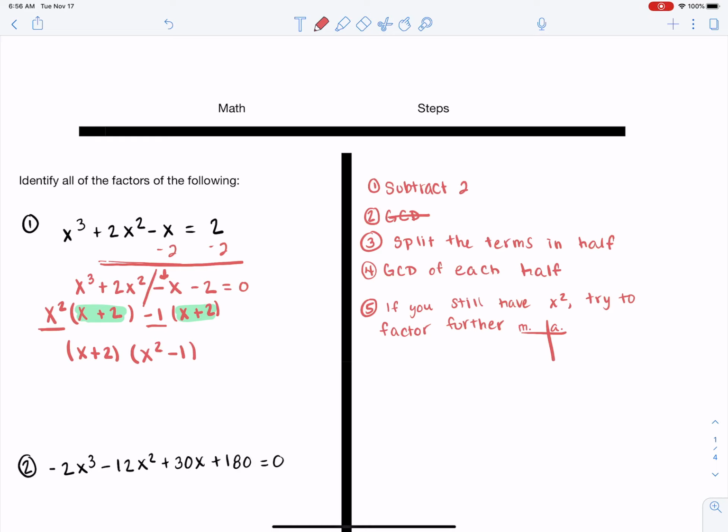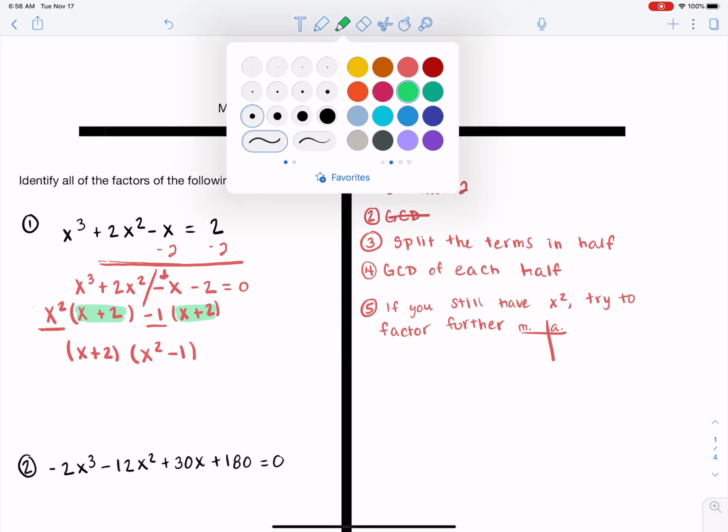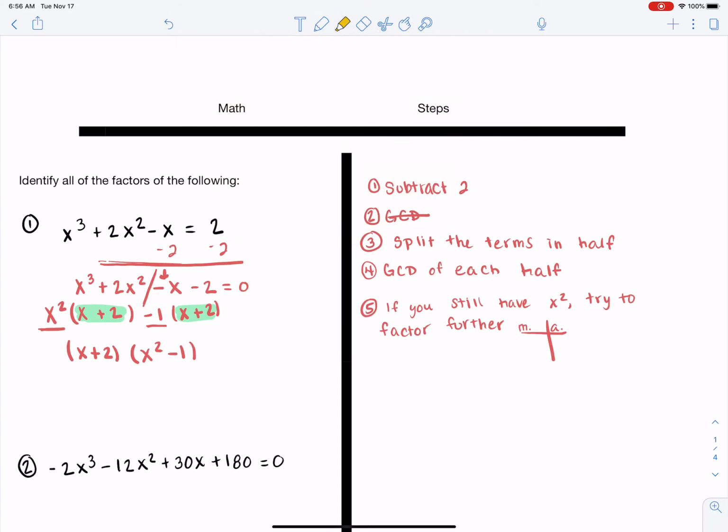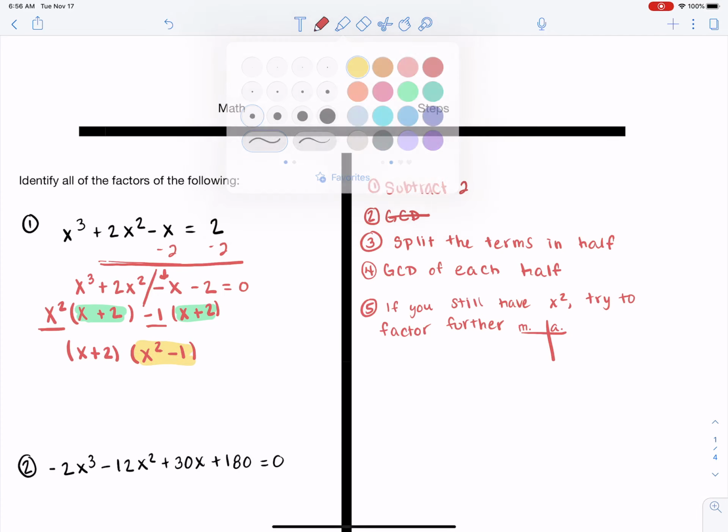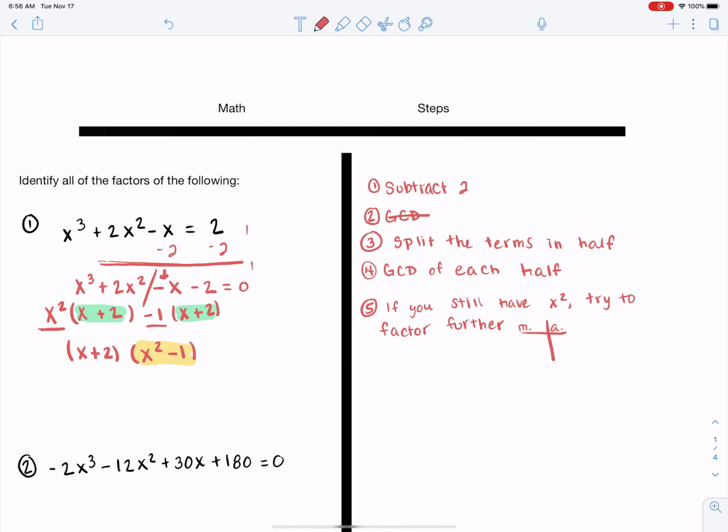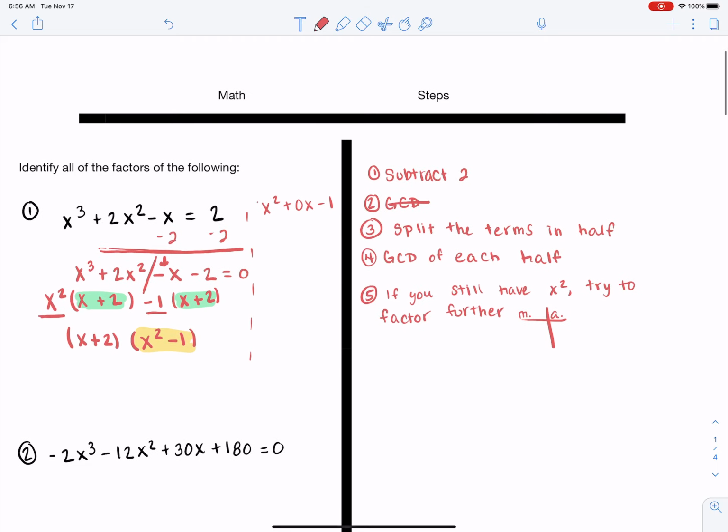Okay, so I'm going to take the x squared I still have. So I still have an x squared minus 1. And I need to see if that will factor further. So I'm going to come to the side. I'm going to take x squared minus 1, which is really x squared plus 0x minus 1. A is 1, B is 0, C is negative 1.